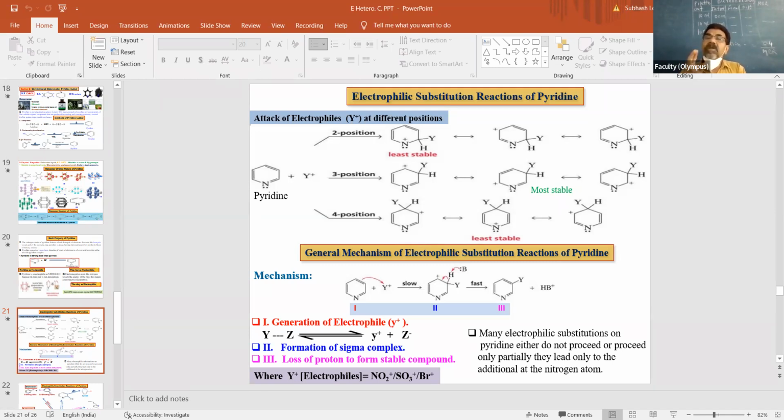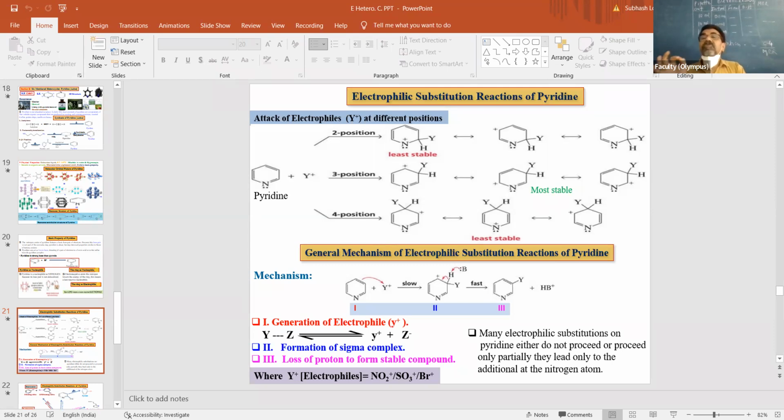So that gives a less stable intermediate. At the 3 position, we obtain 3 resonance structures, shown in green. So the 3 position is more stable than the 2 position, more electron density is there, and the positively charged incoming electrophile will occupy the 3 position, hence we obtain 3-substituted products in pyridine.